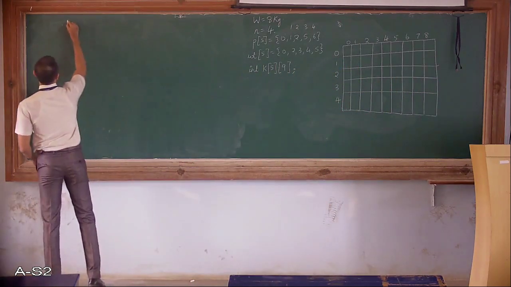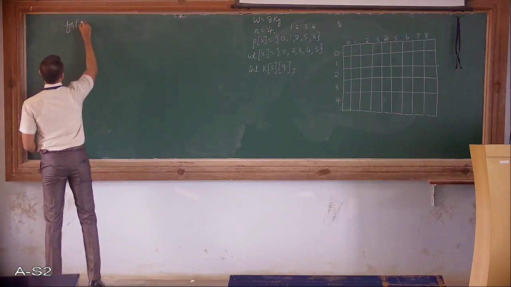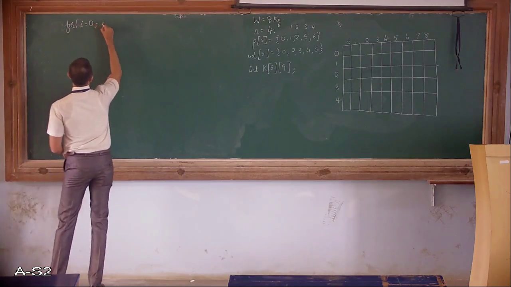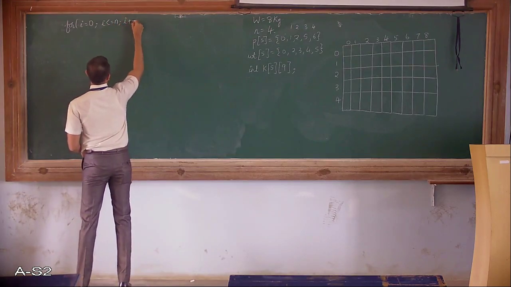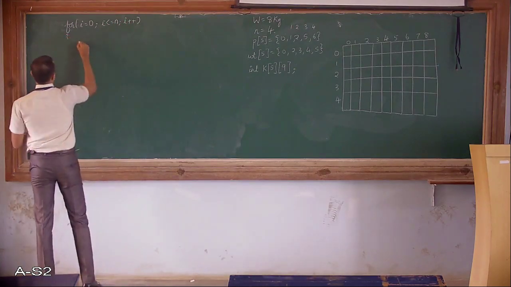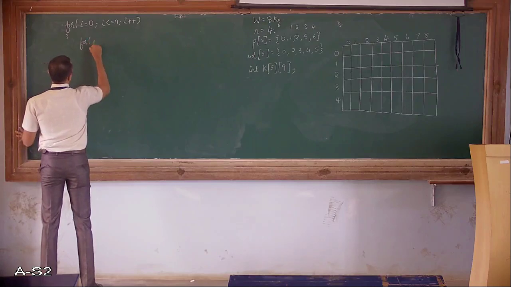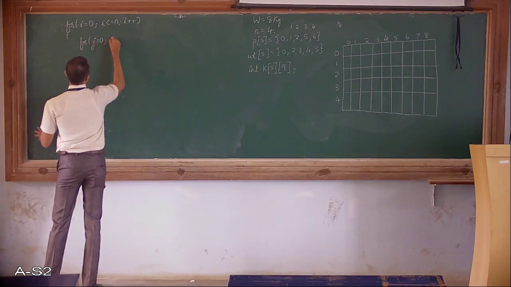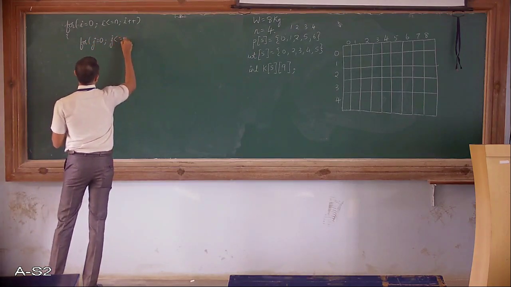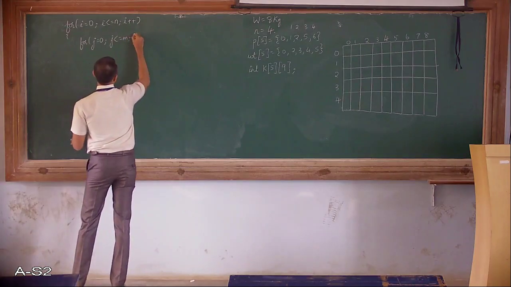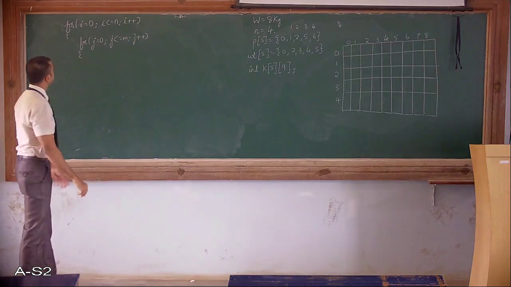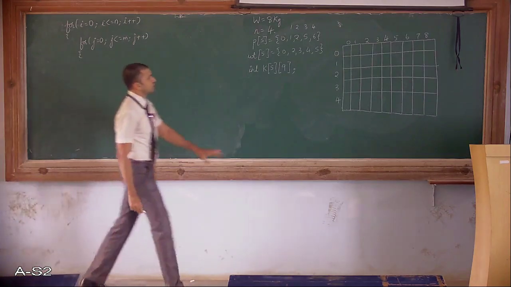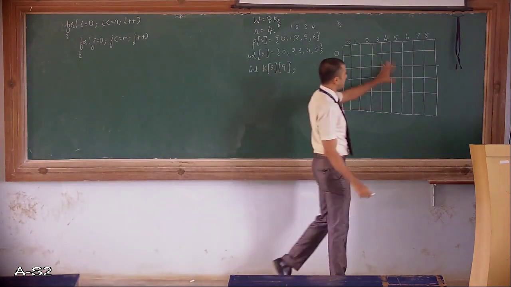So let's write for i equals 0, i less than or equal to n, i plus plus, for j equals 0, j less than or equal to m, j plus plus. These 2 for loops are going to help me in generating this table and adding values to it.